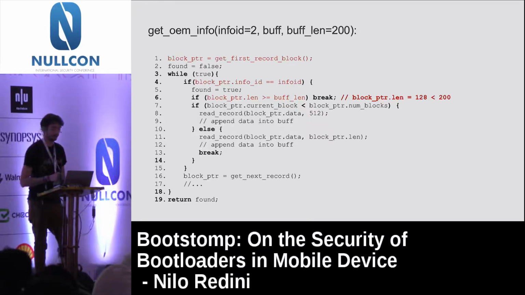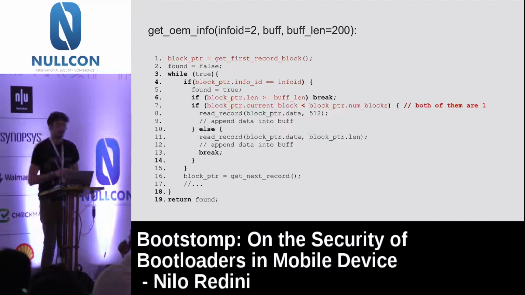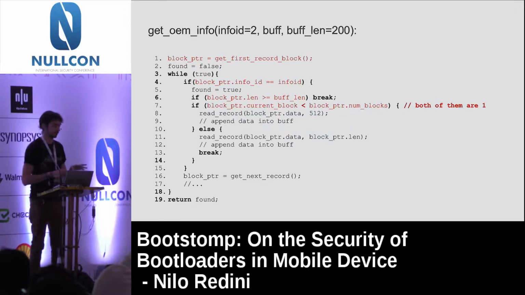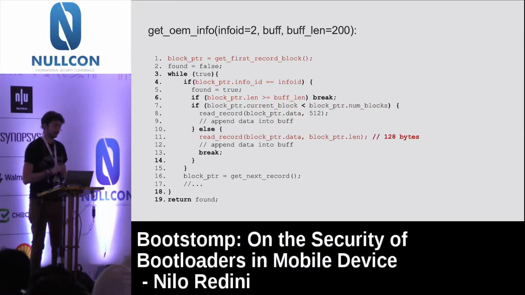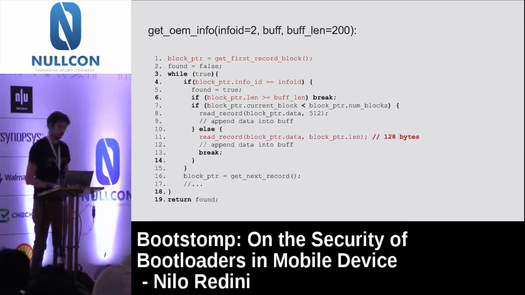If it is, the algorithm will stop. Otherwise, it will check if the current block number is less than the number of blocks composing the record. In this case, it is not. Therefore, the else branch is going to be hit. And in this case, the procedure will read len bytes from the block, and store them in the provided buffer.